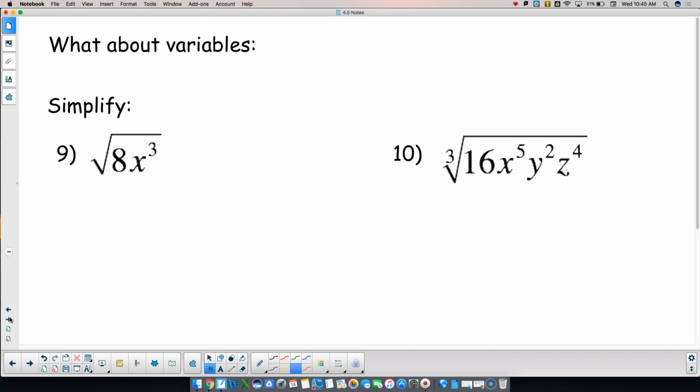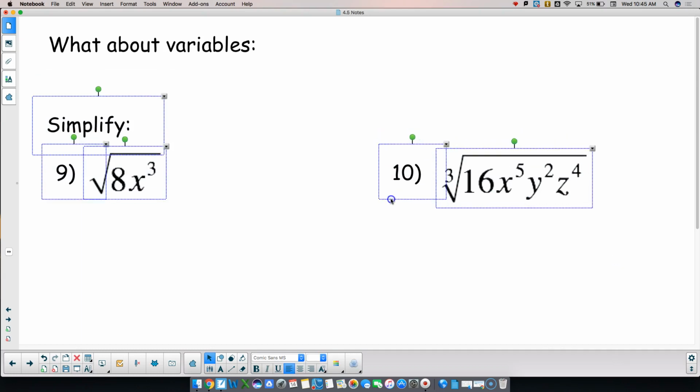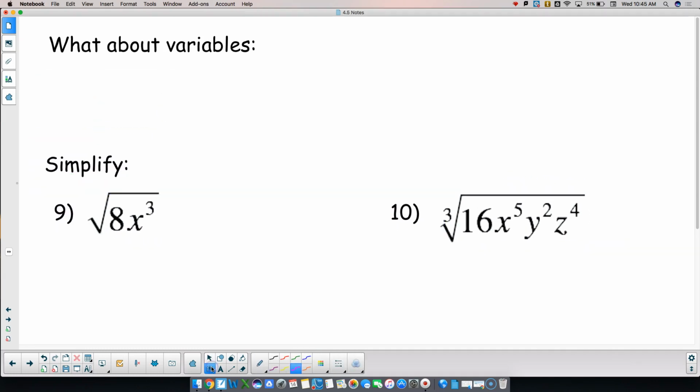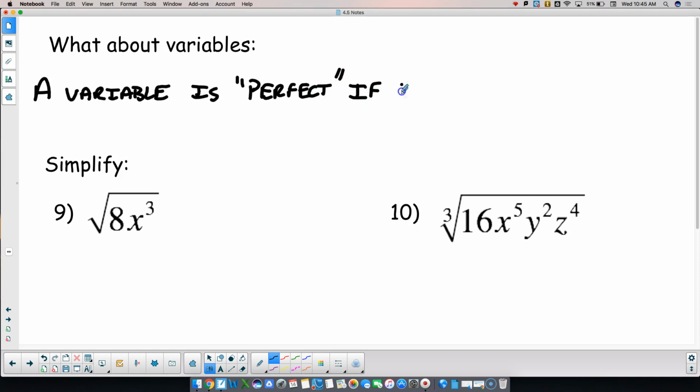Variables is the other thing. And for variables, it's not really a question, it's a statement. A variable is perfect if the exponent is what?